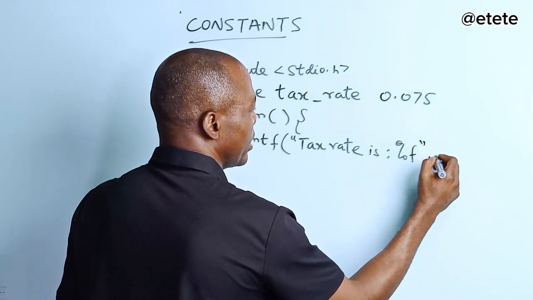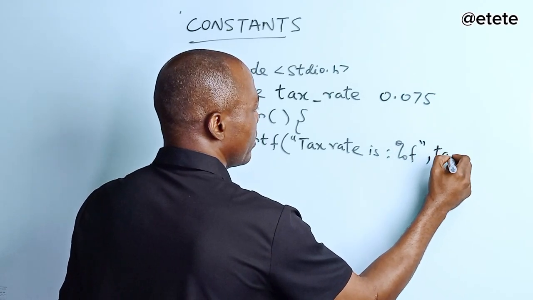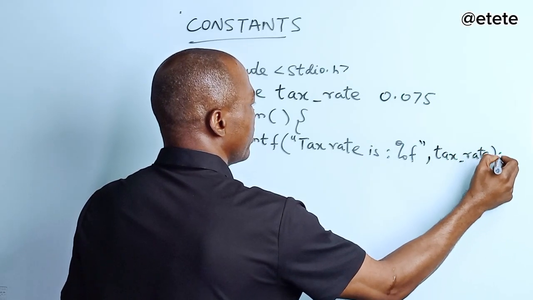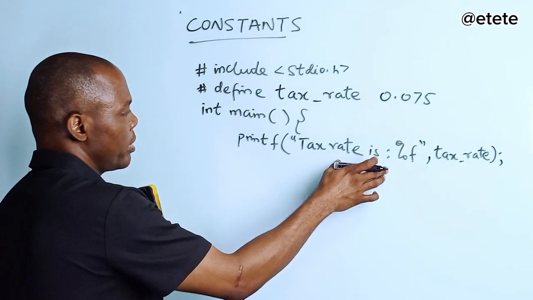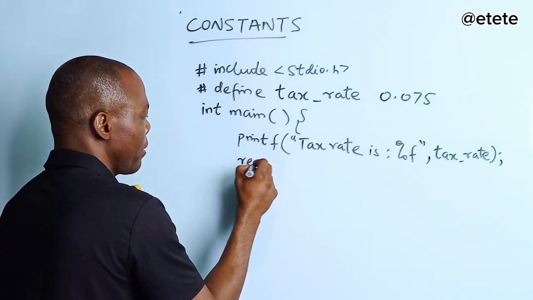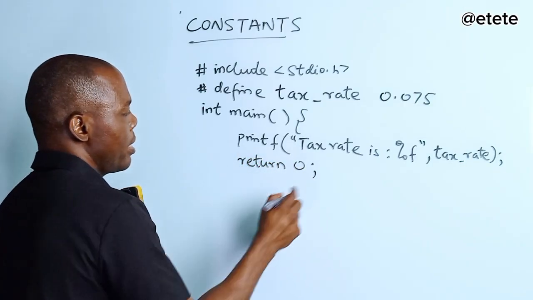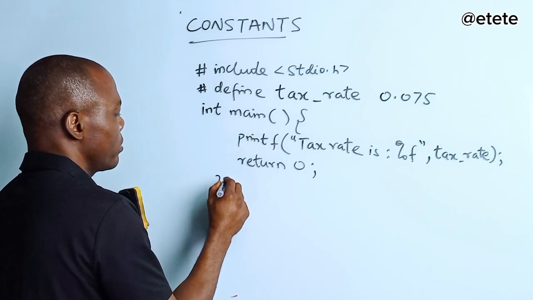Then I'll close this and I will say TAX_RATE. Then I'll close this. All right, so this is what I'm saying. Then I'll say return 0. And then this I will close.